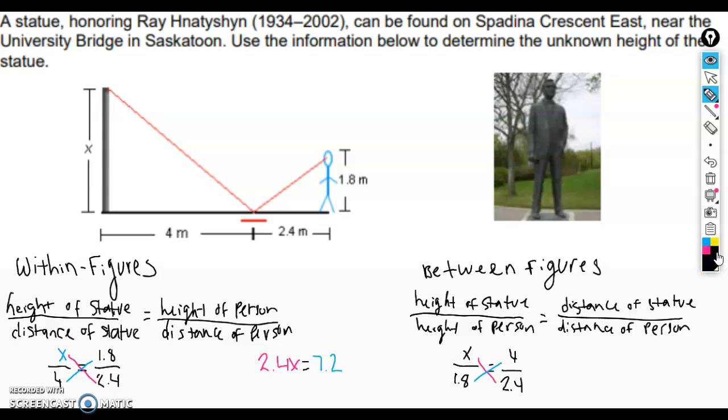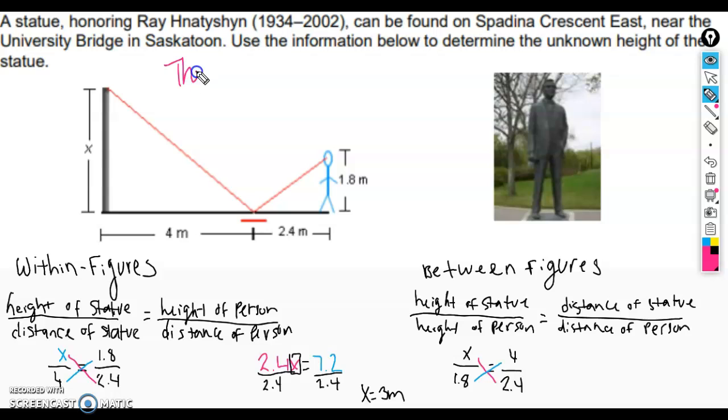Now we're going to use our Algebra 1 skills, and we're going to solve for x. Right now it's 2.4 times x, so we're going to do the inverse operation, and we're going to divide by 2.4 on both sides. And when you do that, you get that x is 3 meters. And we'd like to write that as an answer statement. I'm going to write it up here because that's just where I have room.